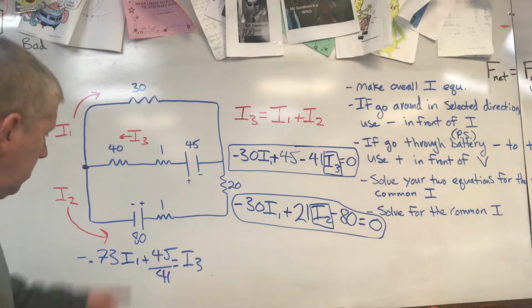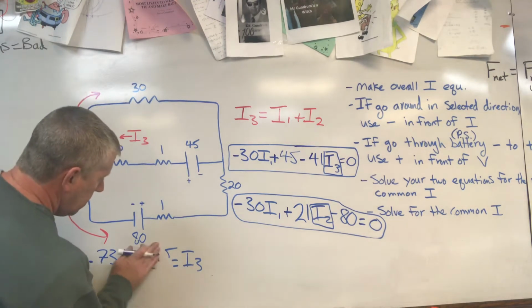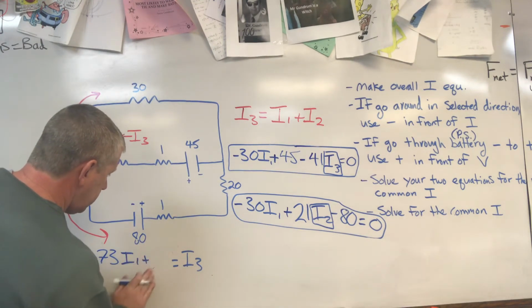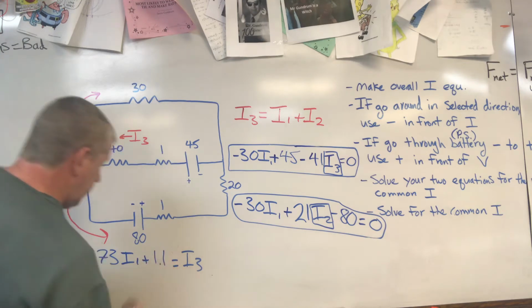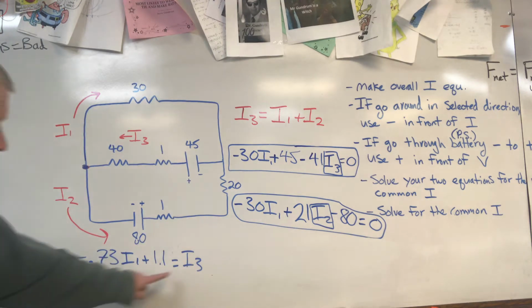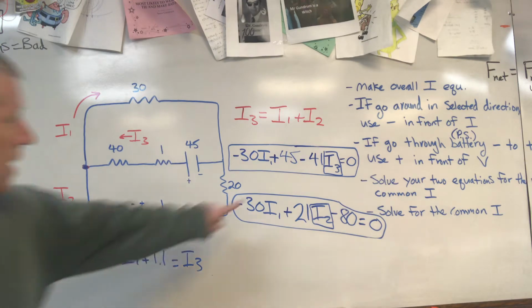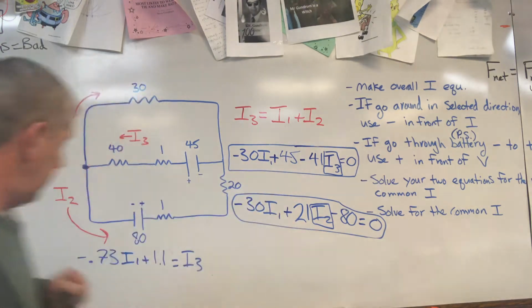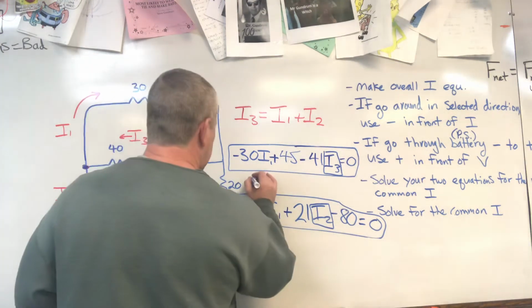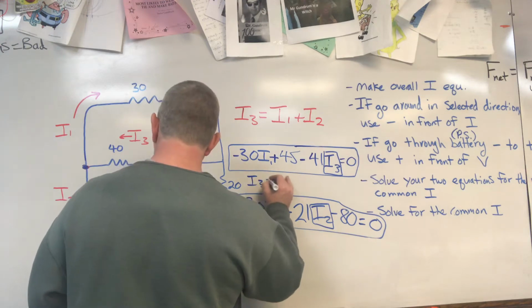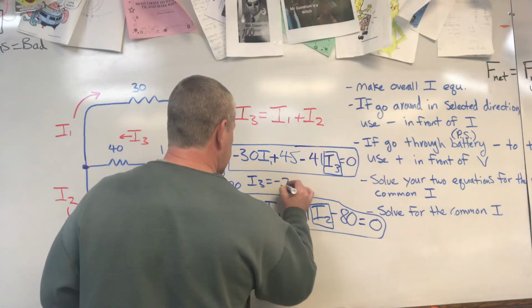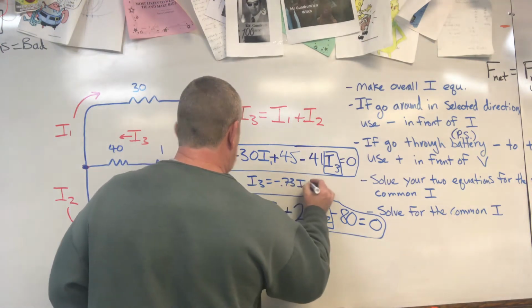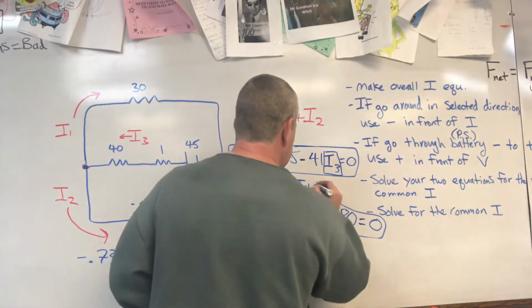So this comes out to be 1.1. So put that in. We now have our equation set up for I3, the non-common term in this equation. So I3 equals negative 0.73 I1 plus 1.1.